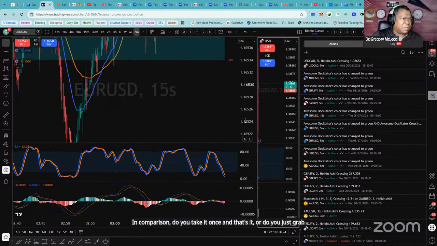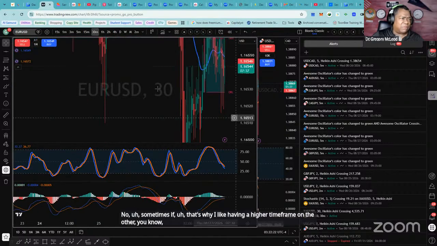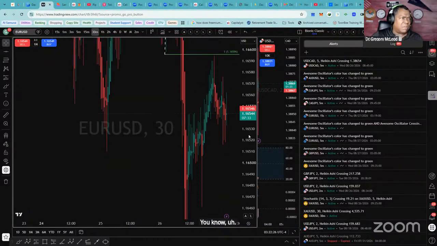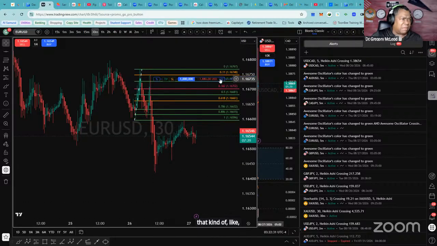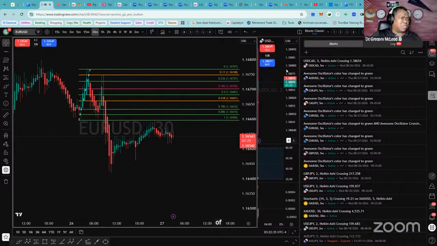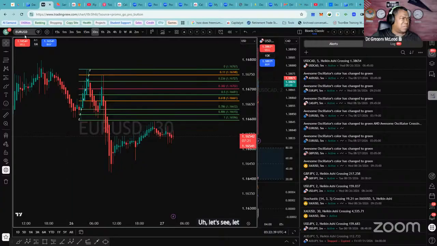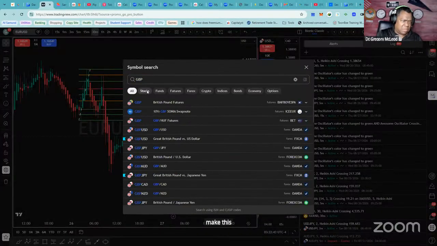Sometimes that's why I like having a higher time frame on the other, like a 30-minute chart that gives me a view of where this market is going. Let's see. Let's make this GBP USD.